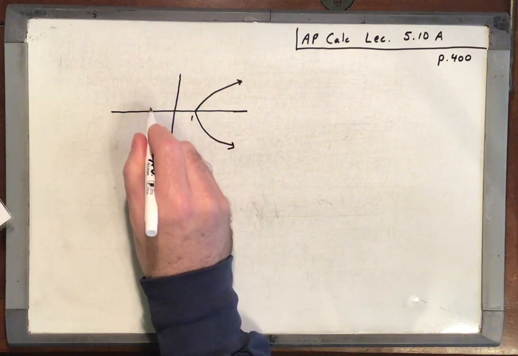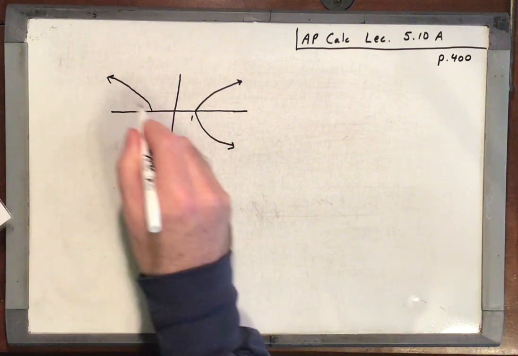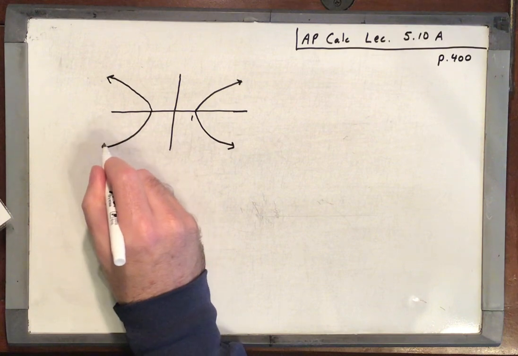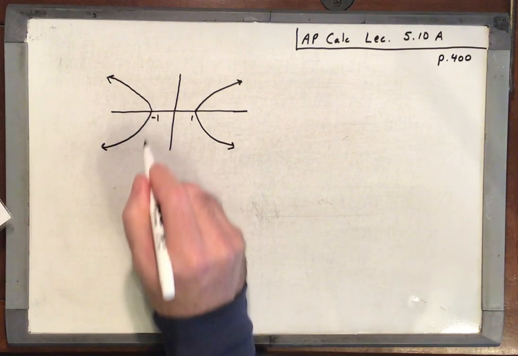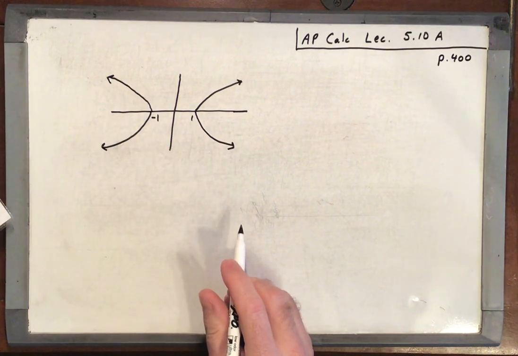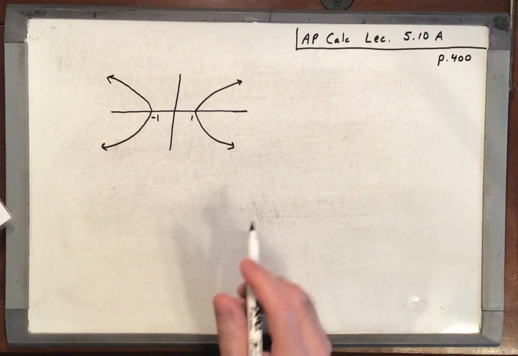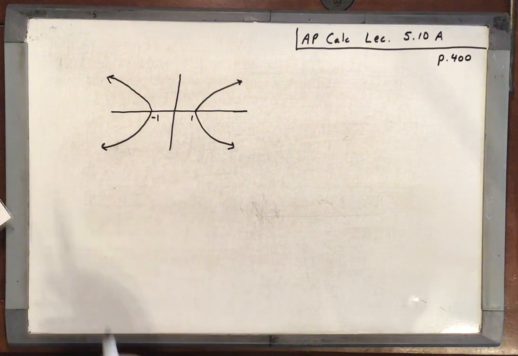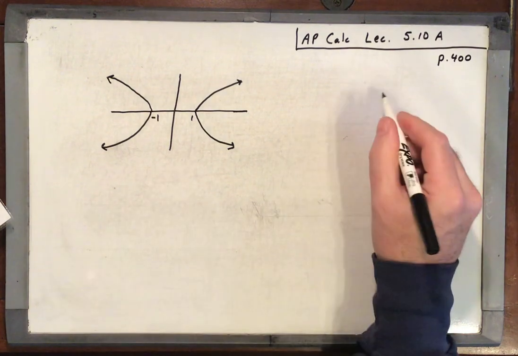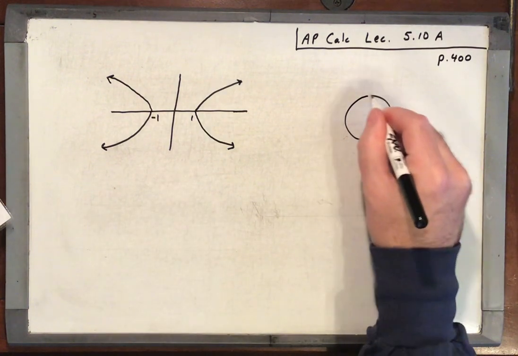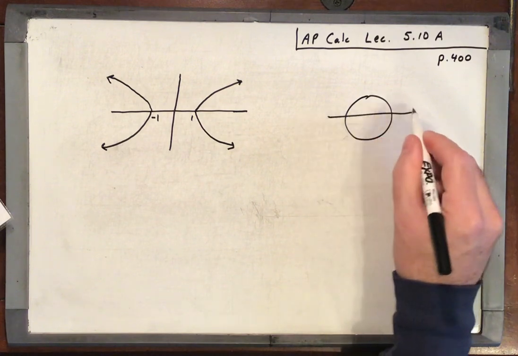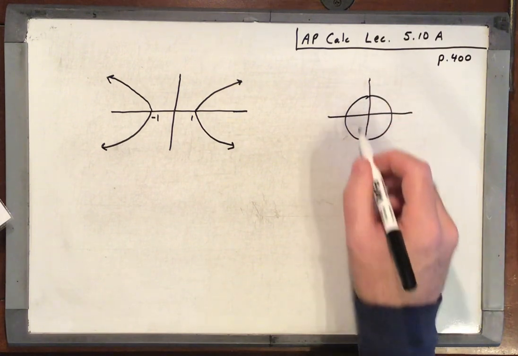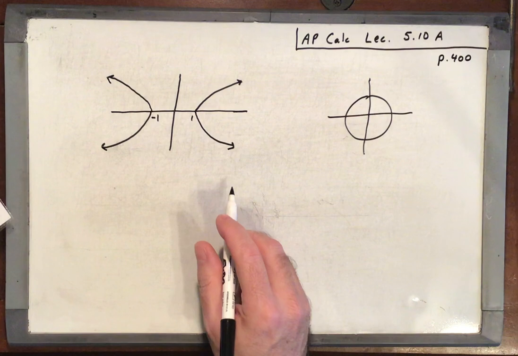Crosses the x-axis at 1 and -1. All right, so that's a hyperbola, and that's what these functions have a relationship with, unlike regular trig functions, which have a relationship with a circle, right? Our unit circle that we've used so much.